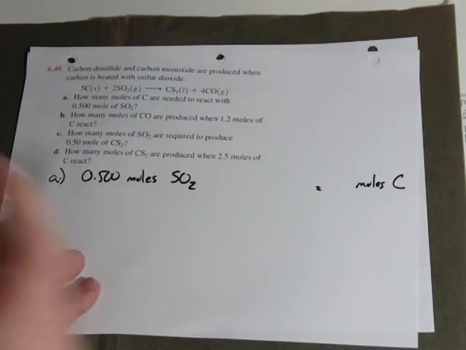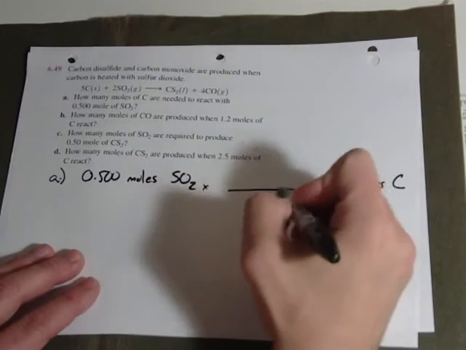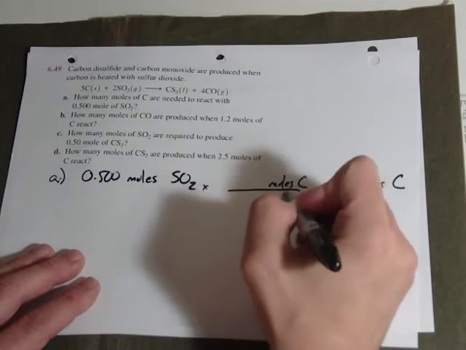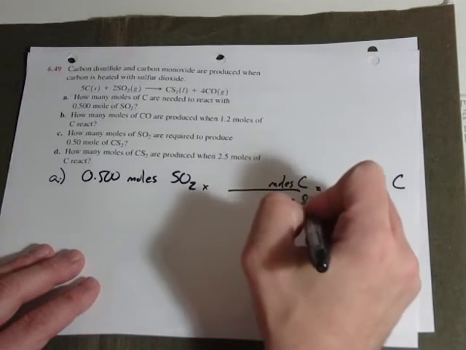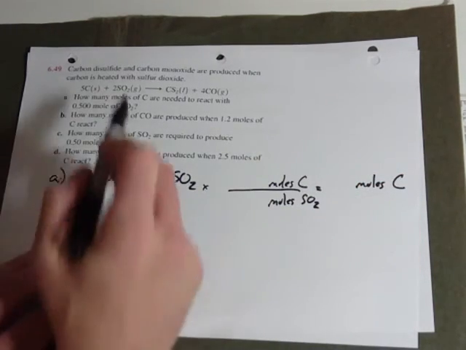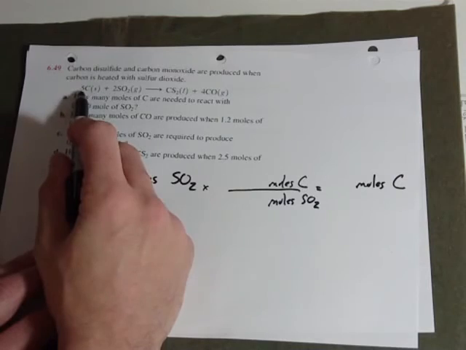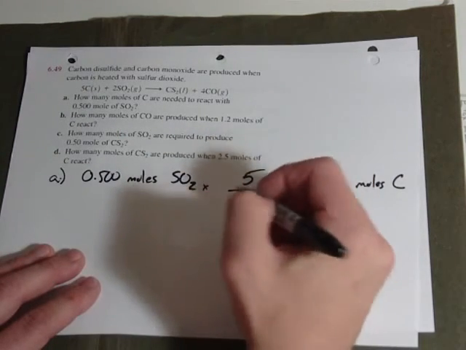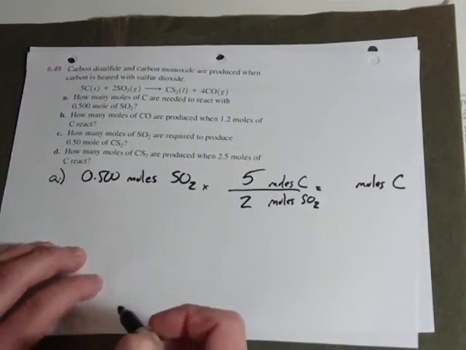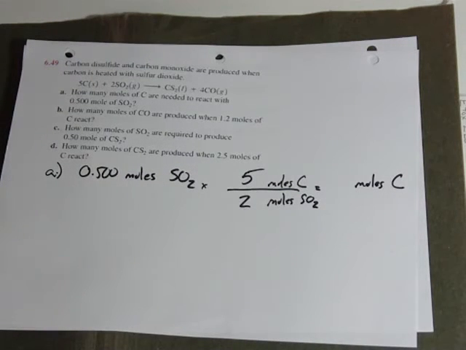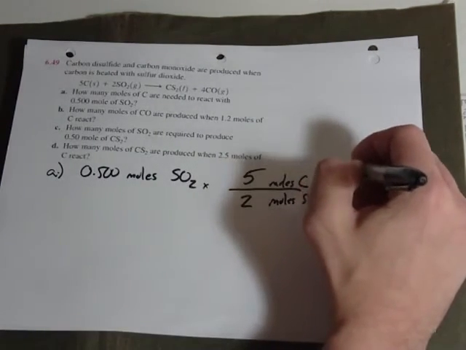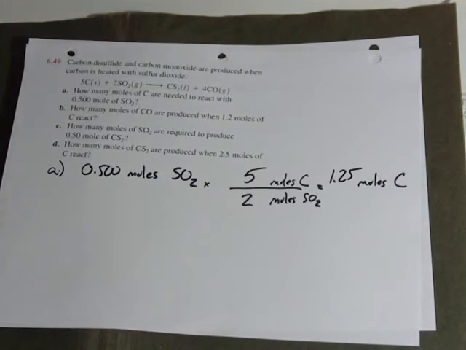And so again, we're going to use the balanced reaction. So we want moles of carbon to remain, moles of SO2 to cancel out. So here, in the balanced reaction, it says 5 moles of carbon will react with 2 moles of SO2. And so we just have to do the math now. And we get 1.25 moles of carbon.